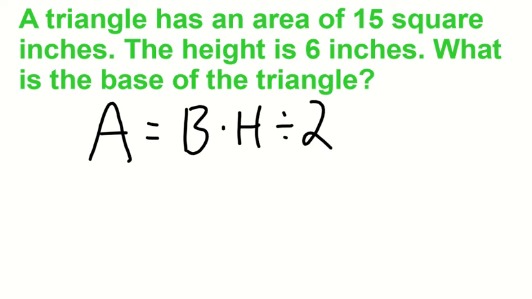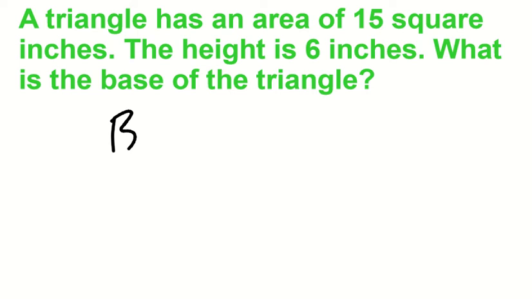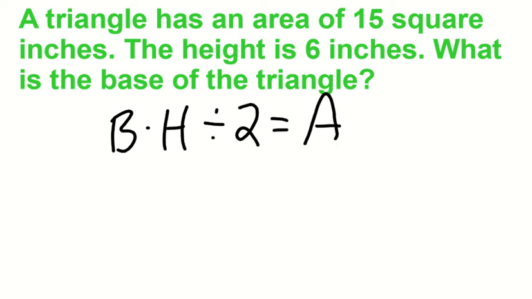All right, so if I rewrite that the other way, we've got base times height divided by 2 equals our area. We're going to go backwards. So we're going to start from here and work our way this way. In math, if you go backwards, you're doing the opposite.